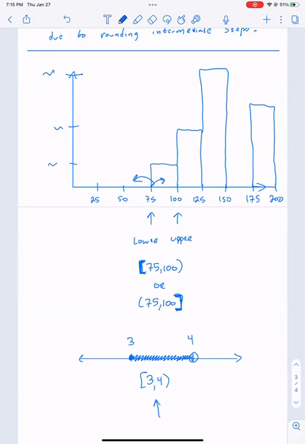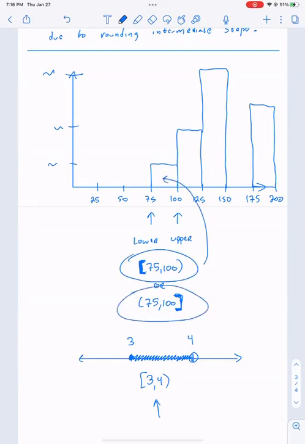Professor, in the case of bracket 75 comma 100 parenthesis, then it would be everything except 75? No, the bracket indicates that we include it. So if you're doing it this way, then 75 lands in there.